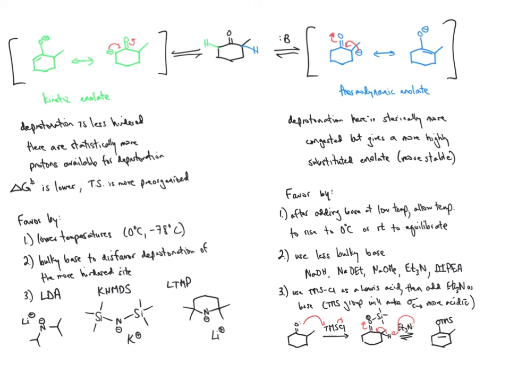So those are ways of making the kinetic and the thermodynamic enolates. And so we can control which enolate we form by altering the reaction conditions.